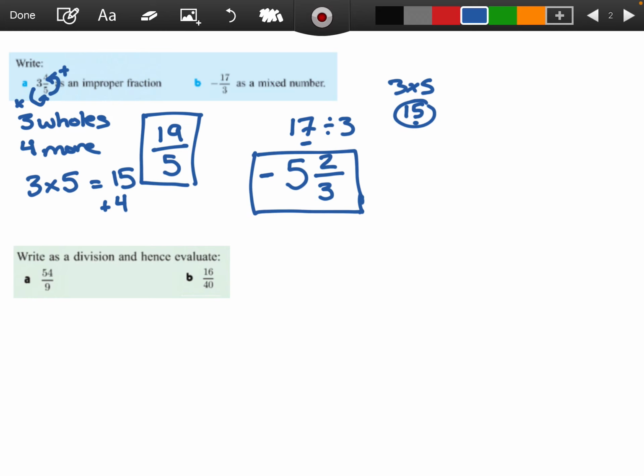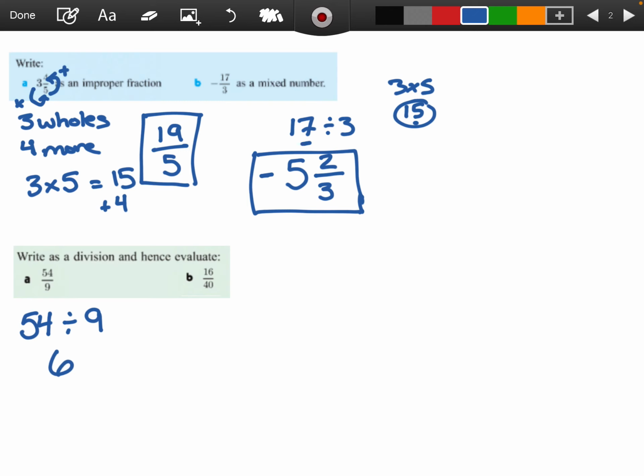So if the fraction bar is another way of writing a division, let's talk about how we evaluate fractions. So this first one, write as a division and hence evaluate. So we would do 54 divided by 9, and this one actually works out to a nice neat whole number, giving us 6. So evaluating that gives us 6.